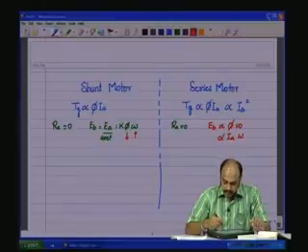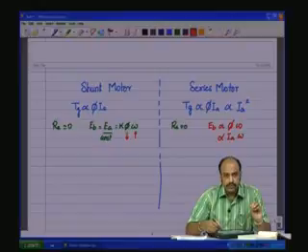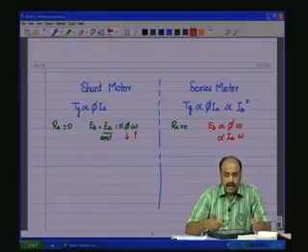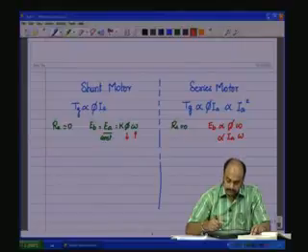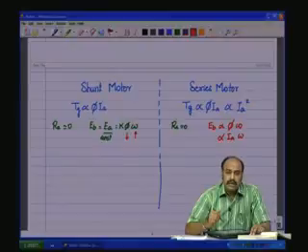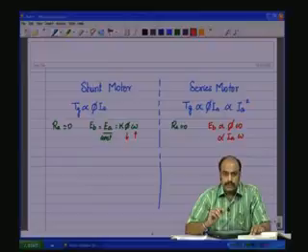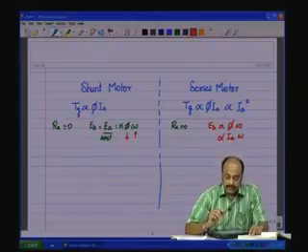Even the series motor, because at omega close to 0 there is no back EMF, the Ia will be very large, and that large Ia is also going to result in a large field, because the field current is the same as the Ia. As a consequence, the speed will quickly pick up and try to run away.